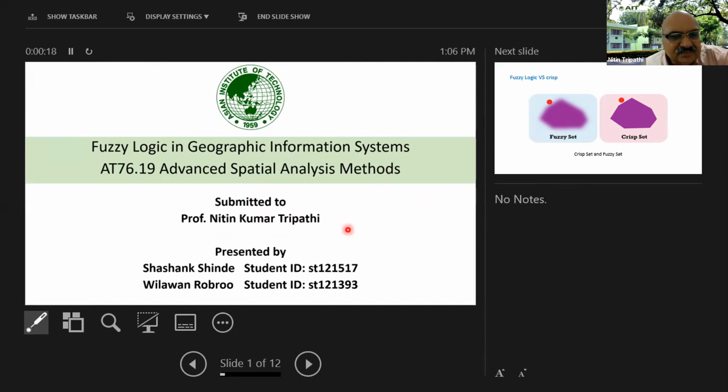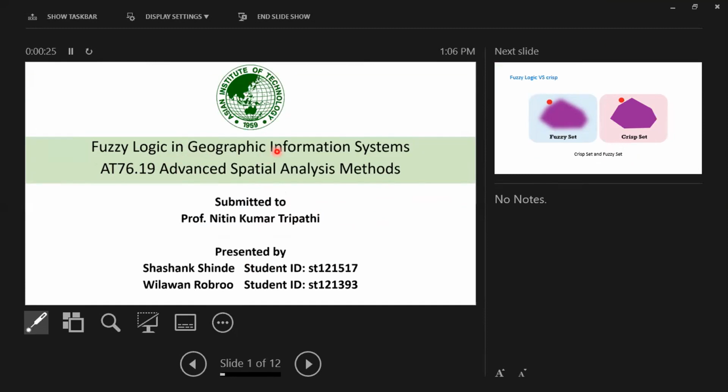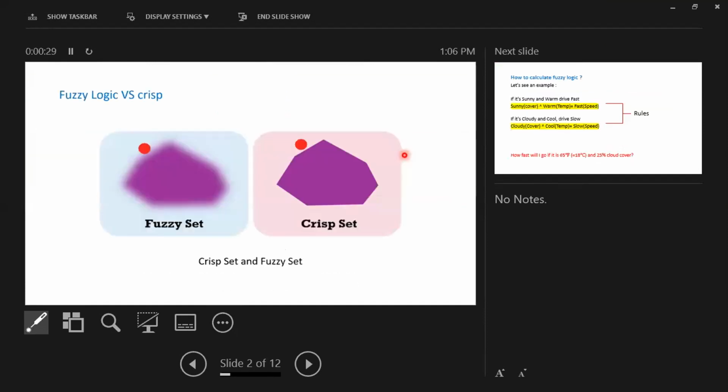Good afternoon, Professor, and everyone also. Today we will talk about fuzzy logic in geographic information systems. We will start to compare fuzzy logic and grip. There are two images. One is clear, but other is blur. For the grip set, the boundary is clear and visible, but for the fuzzy it is not clear.